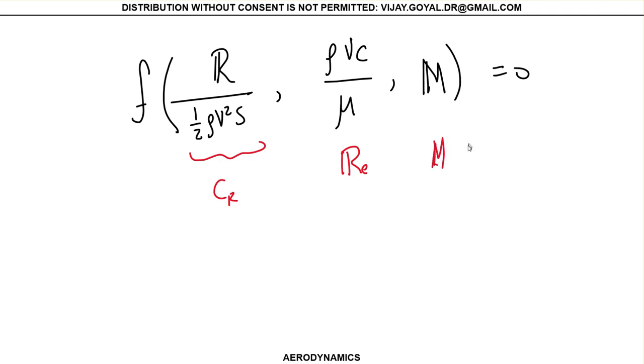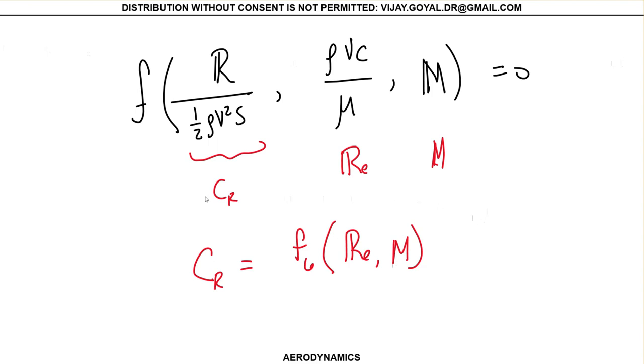In other words, I could say this coefficient is going to be a function, let's call it function 6, of my Reynolds number and my Mach number. So this is how we do the dimensional analysis, and we can find many different variations depending on what we are interested in.